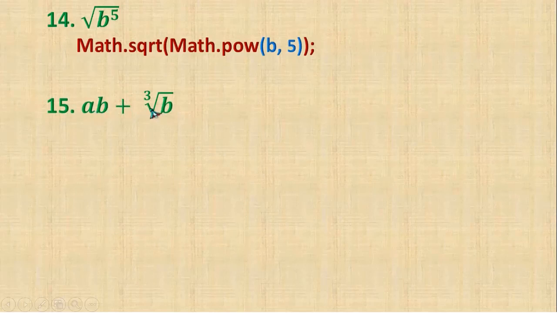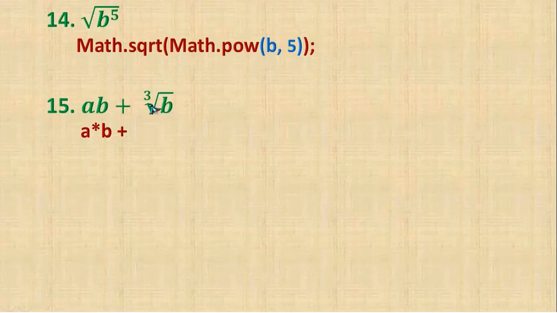ab plus cube root of b. See here ab, we should write a into b plus cube root. There is no separate function for cube root. So what we can do? We can put it in a power. Square root means we say to the power half. So cube root means to the power 1 by 3. So what we can do? In the math function, after comma we can give 1 by 3.